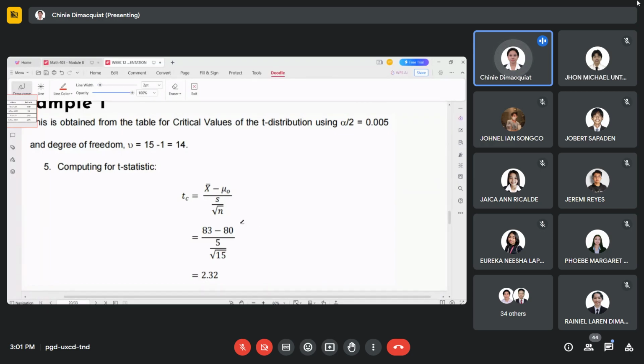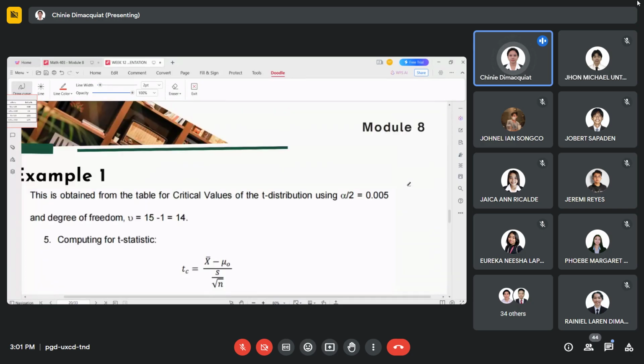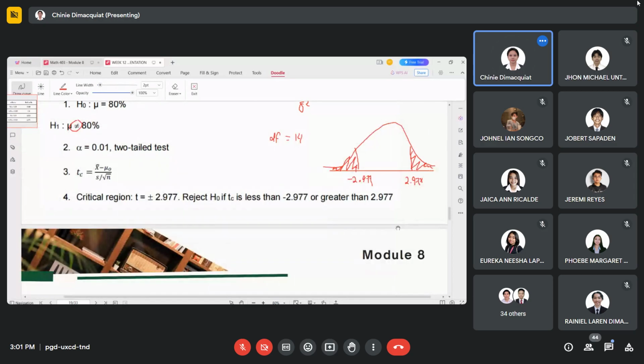So 83 minus 80 over 5 divided by square root of 15. Just direct substitution, and these values come from our problem. Upon simplifying this, we will have 2.32. So let's use this again. Where is 2.32?